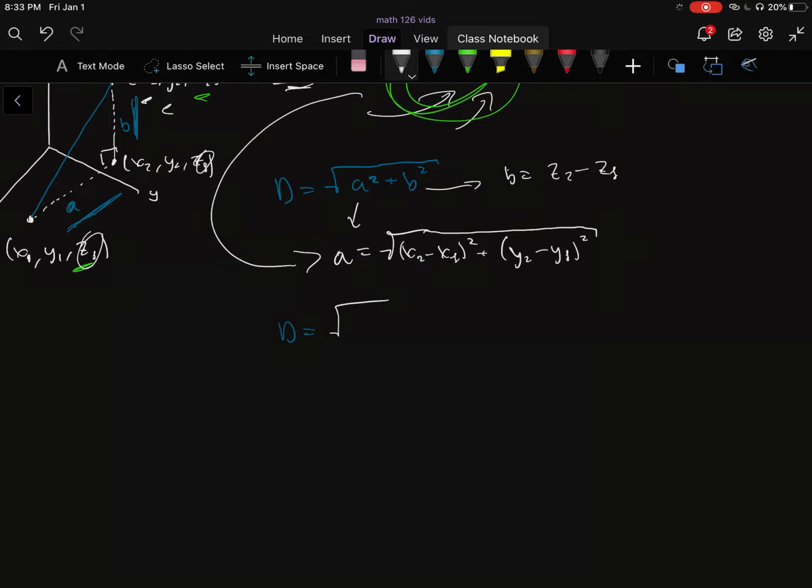So now we get the square root of the square root of x2 minus x1 squared plus y2 minus y1 squared. Now remember, all this is square rooted because this was our a value, because we're just throwing this into there. But because a in our original expression is squared, we're squaring this again.